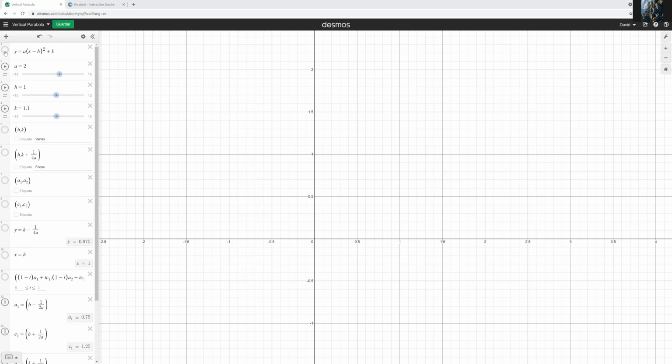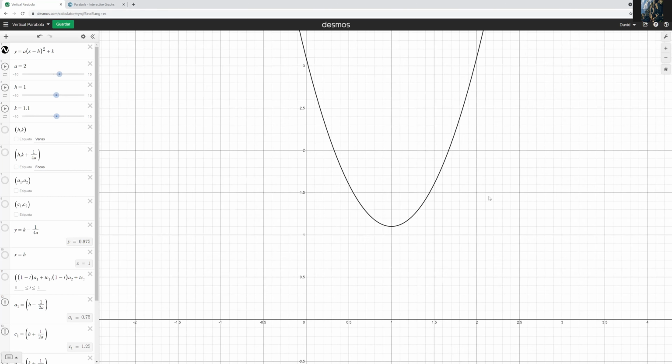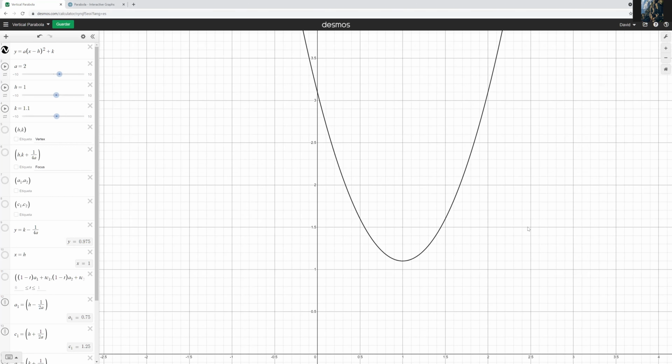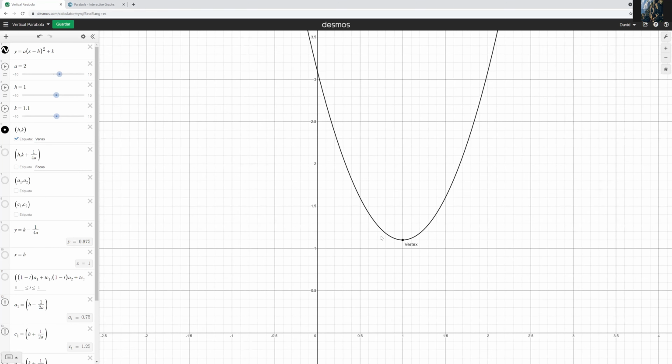So first of all, let's see the parabola. Here it is. This little curve that we have in here is our parabola. Now, the vertex can be understood. First of all, there's the vertex. It is this little point that we have in here. It can be understood as the maximum or the minimum point of a parabola.